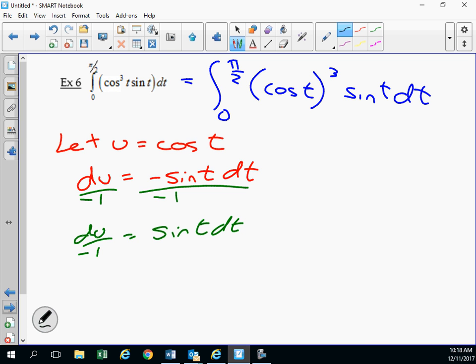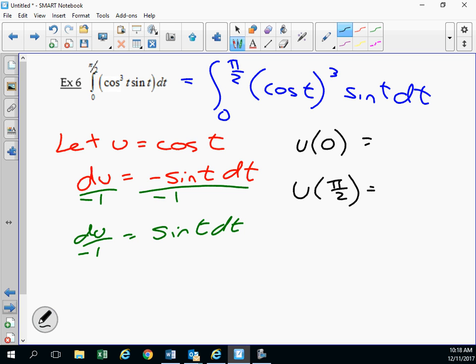Am I ready to write my integration? Emma, what do I need to do? Abby, what do I need to do? Abby's like, I gotta plug in u of 0 and u of pi over 2. I gotta figure out what those values are. That's really important.